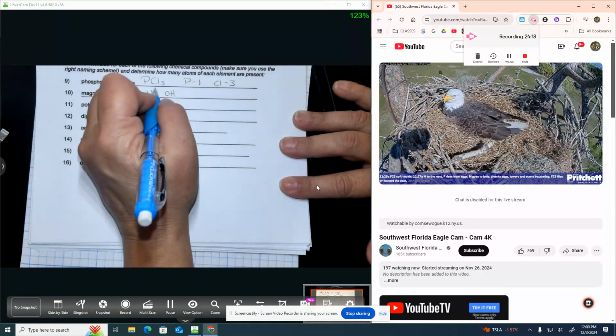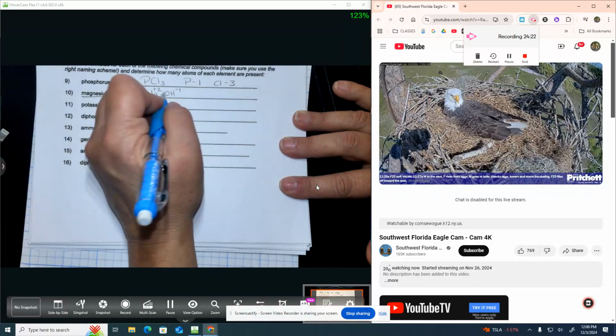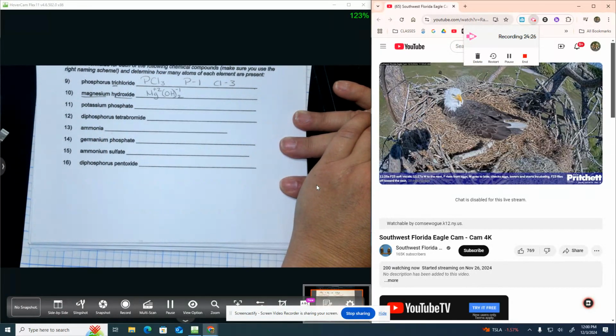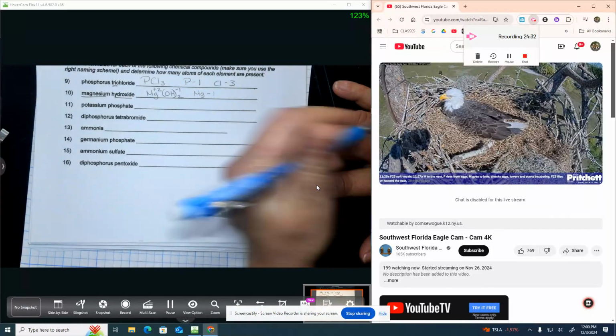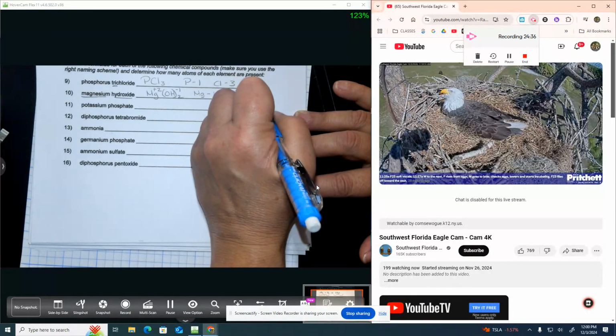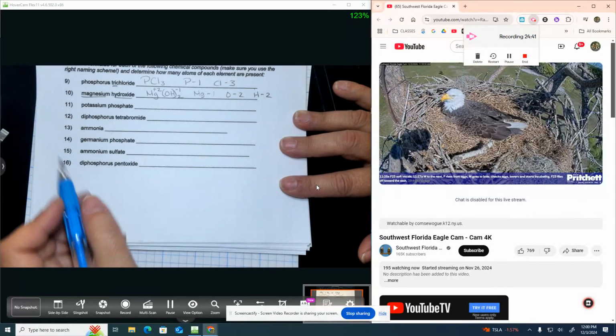Put the charges on. Cross them down. MgOH2. All right, now we can determine how many of each you have. Magnesium, you have 1. How many oxygens? 2. And how many hydrogens? 2. Good.